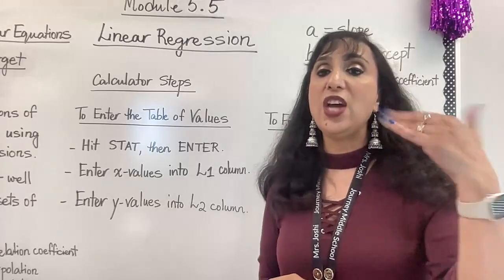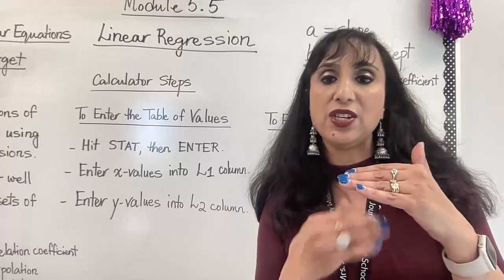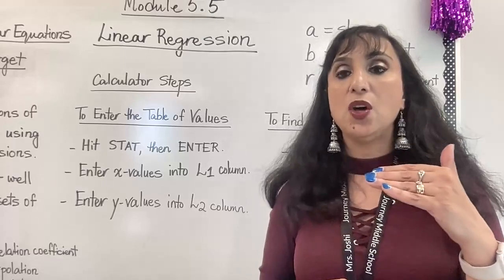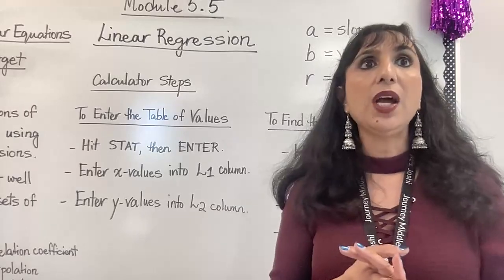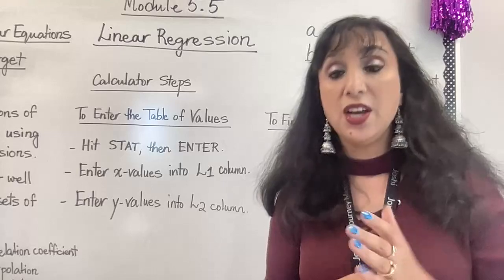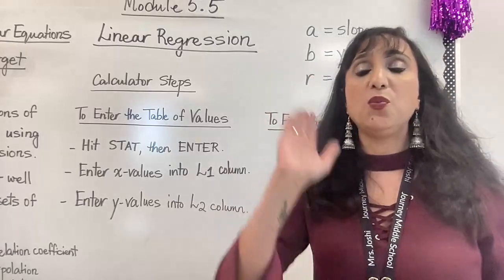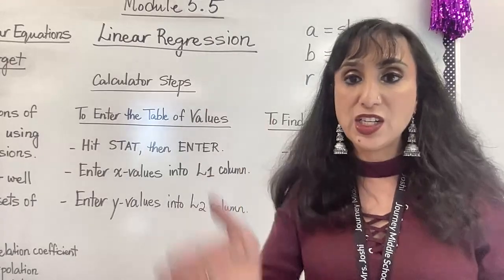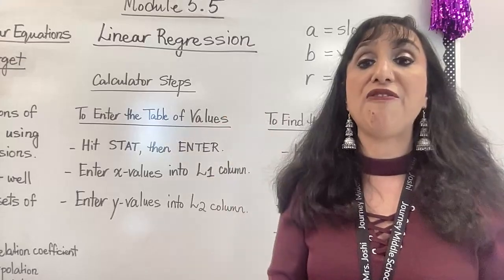For each X value that you enter, you will have to keep hitting enter to go down. So let's say 0, 1, 2, 3, 4, 5, 6. That you're going to put on the X. And then whatever output I'm getting, the Y values will go into the L2 column. That's how you first enter the table of values.